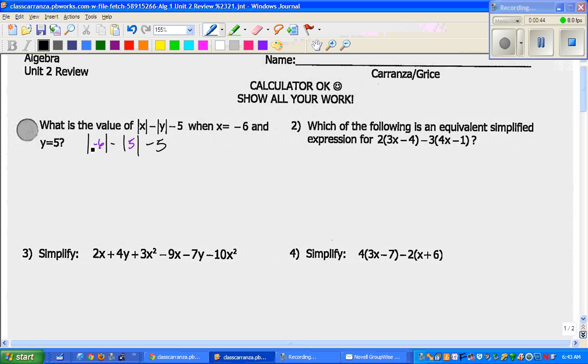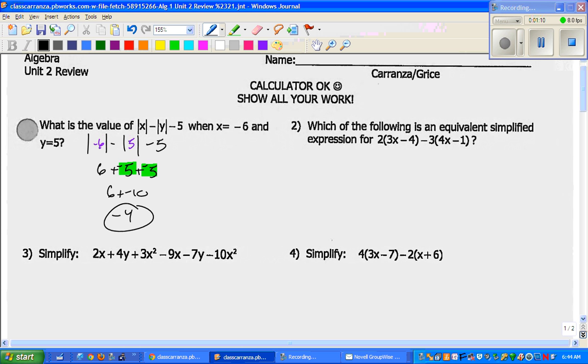The absolute value of negative 6 is 6, the absolute value of 5 is 5, and everything else just comes on down. Now I see that we have two negatives right here, so I can combine those to help me see that my answer is negative 4.